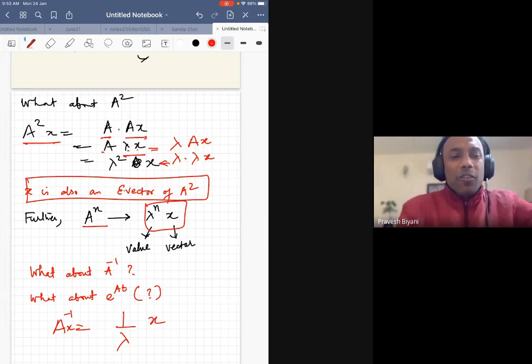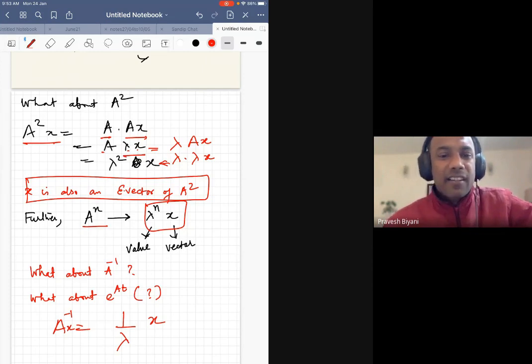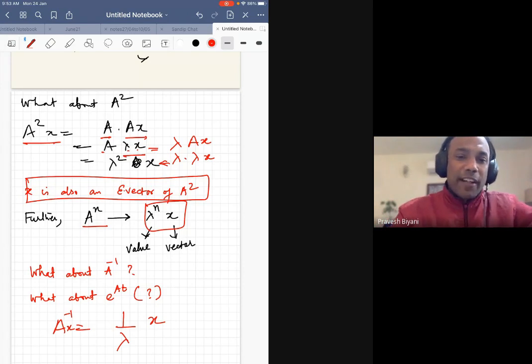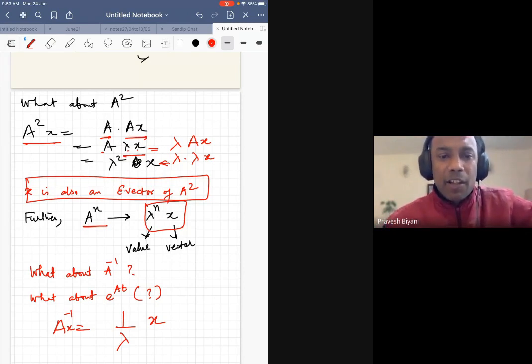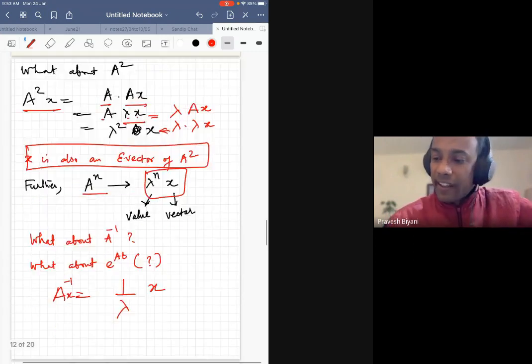So this is the cool thing about eigenvectors, that the eigenvector of A and A square and A to the power n are all the same. Just that their eigenvalues, the lambda corresponding to the eigenvectors, only change. And they also change in a very nice fashion. For A to the power k, the eigenvector is x and the eigenvalue is lambda to the power k. So that is the cool thing about eigenvectors.